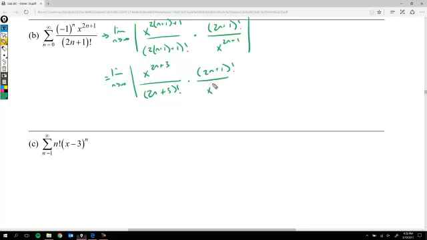I'm going to go ahead and split this up, because some things will cancel again. I'm just going to write out this step; you don't have to. This is equivalent to 2n plus 3 times 2n plus 2 times 2n plus 1 factorial.